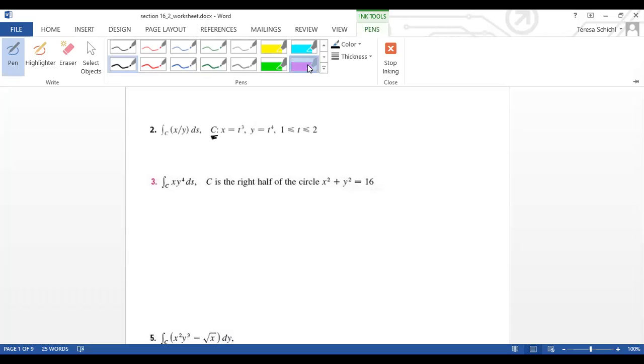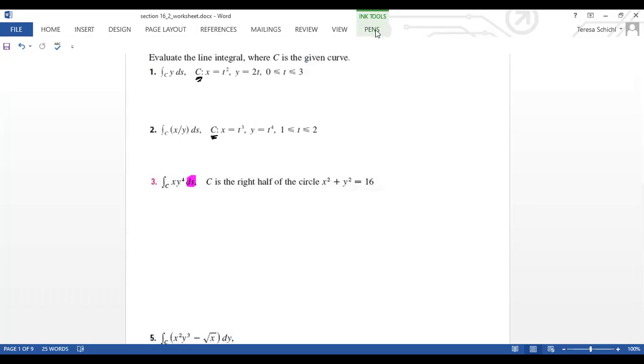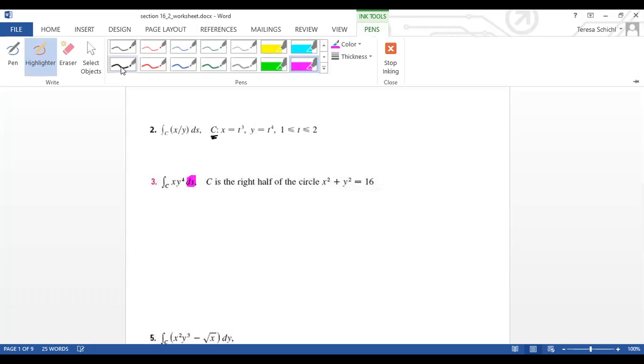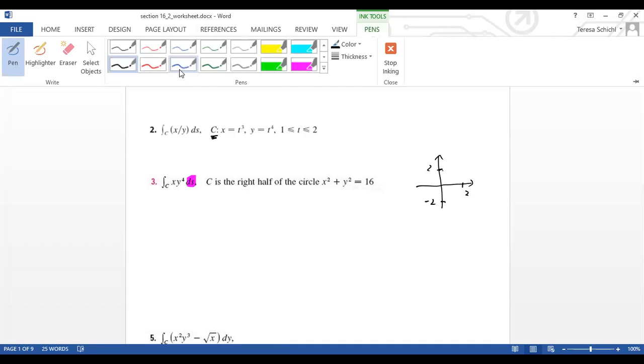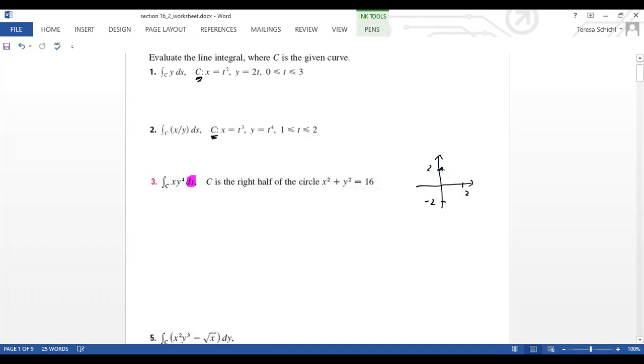Take a look: this is a ds, which means I'm doing the line integral over the arc, this half circle. So let's see what this half circle looks like. It's the right half, and this is my C.